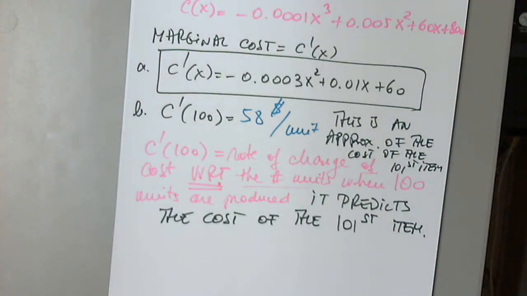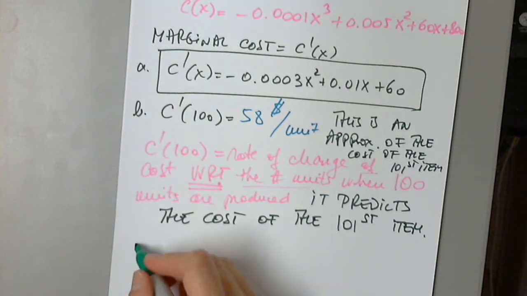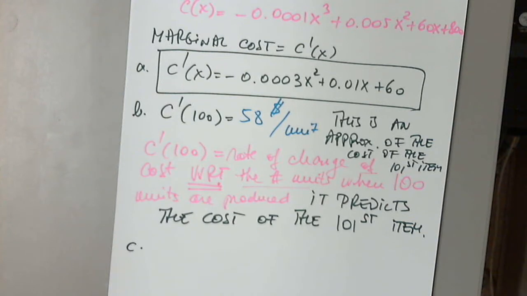It predicts. It's an estimate. It's not the actual cost of the 101st item. Now in part C, they want us to determine, is it blurry or is it me? It's a little blurry, right?